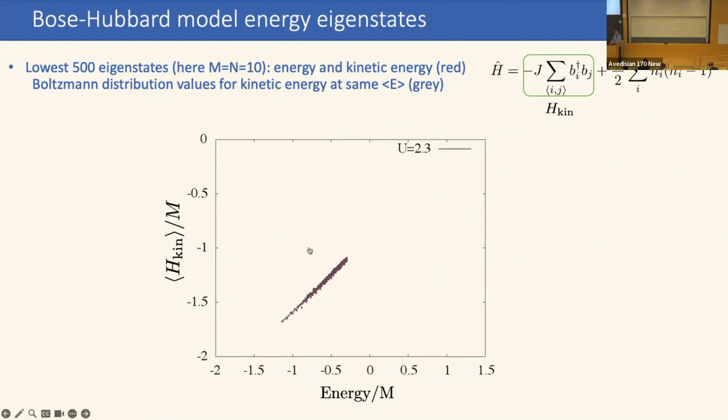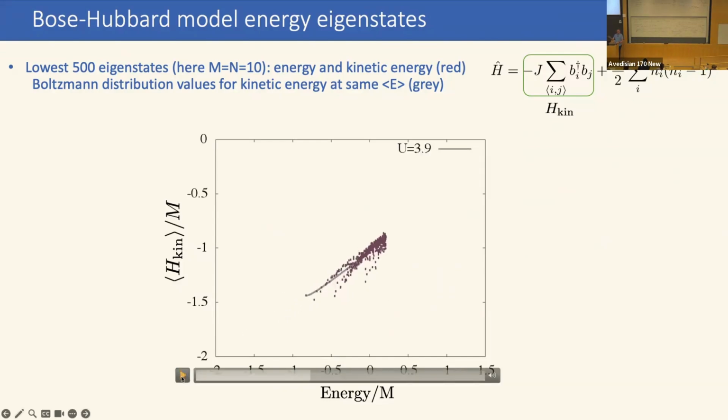It actually will compare very nicely even with the Boltzmann distribution because of this beautiful linear relationship between the total energy of the system and the kinetic energy. So there, this is a smooth function, and so you would expect this to thermalize. Whereas in the Mott insulator side, at these low energies that we're looking at, you would then not expect things to thermalize. Again, this is now no longer smooth, and so you would not expect it to thermalize.